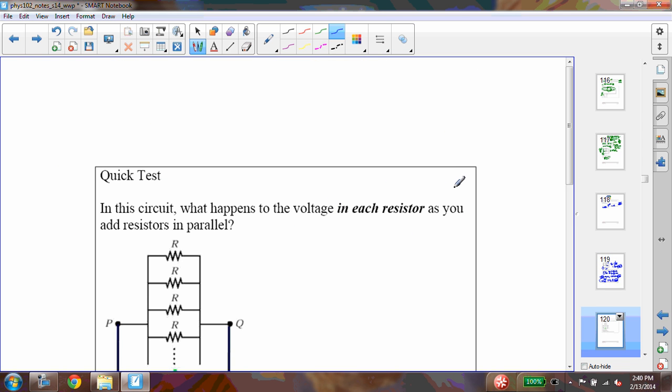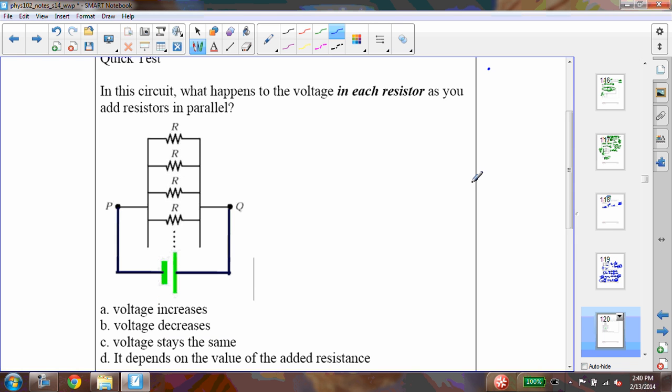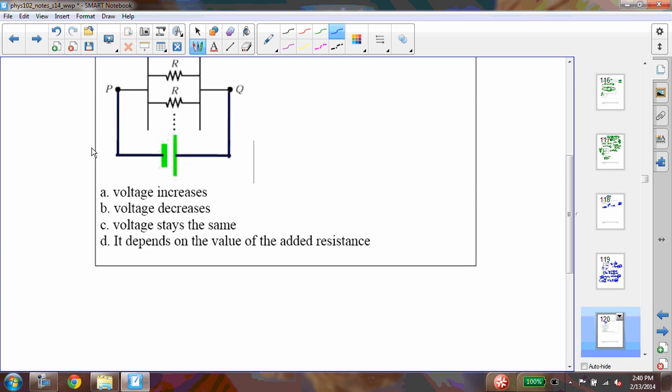But you try this quick test. In this circuit, what happens to the voltage in each resistor as you add resistors in parallel? Let's just pick a resistor. What happens to the voltage across that resistor as you add resistors in parallel? This is going to be an important question because our households are laid out in parallel for a particular reason. What happens to the voltage in each resistor as you continue to add more and more resistors in parallel?